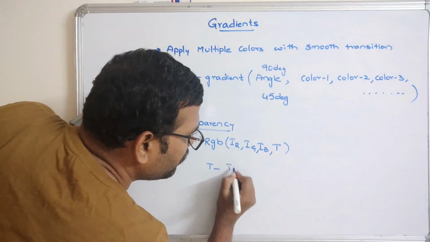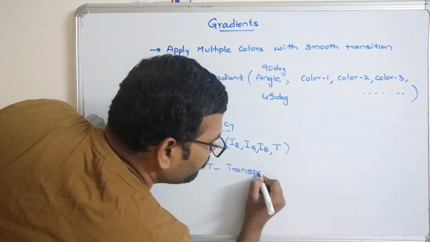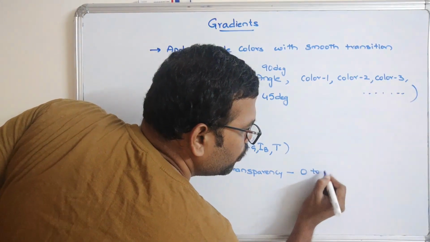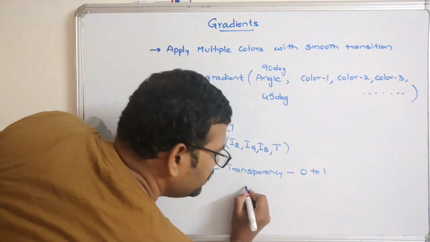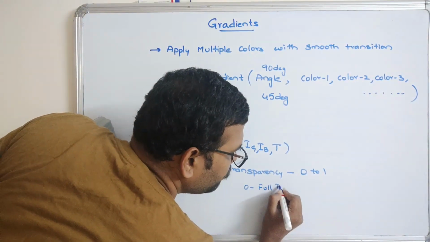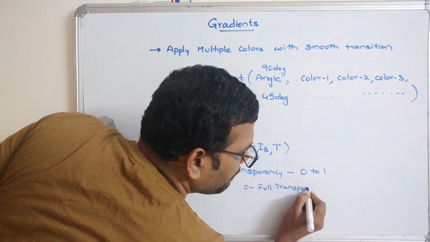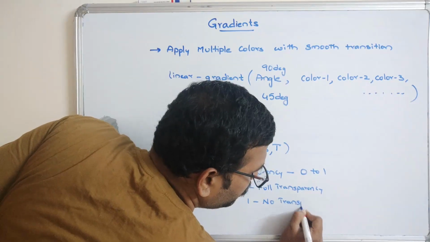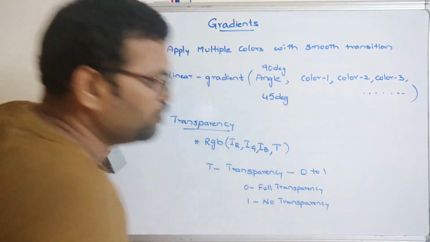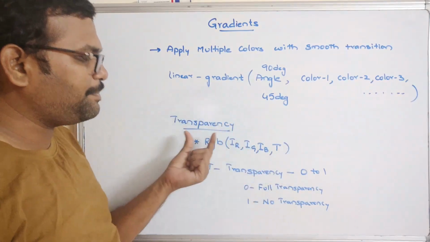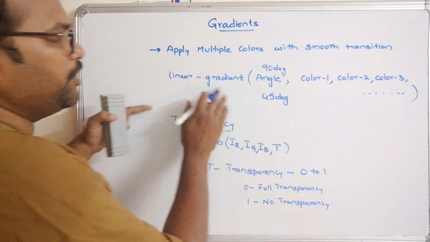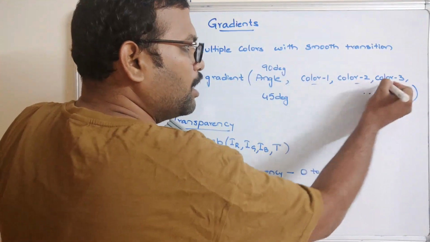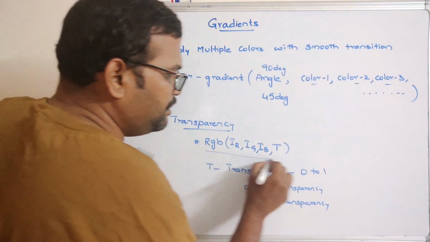Here the T stands for transparency, which is a value between 0 and 1. 0 means full transparency, and 1 means no transparency. So by using this we can apply the transparency also. Here we use the same thing, linear gradient, either angle or direction, and instead of color 1, color 2, color 3, we use this RGB function.